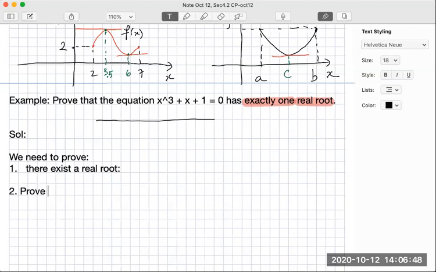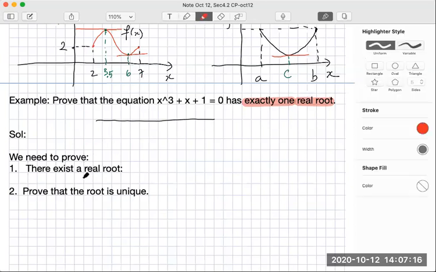And we need to prove two things. So when we prove there exists a real root, which theorem do you think about?